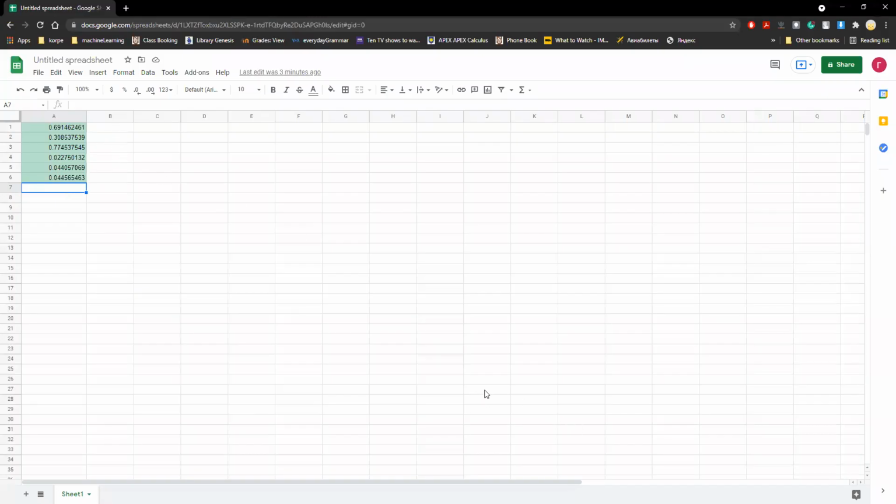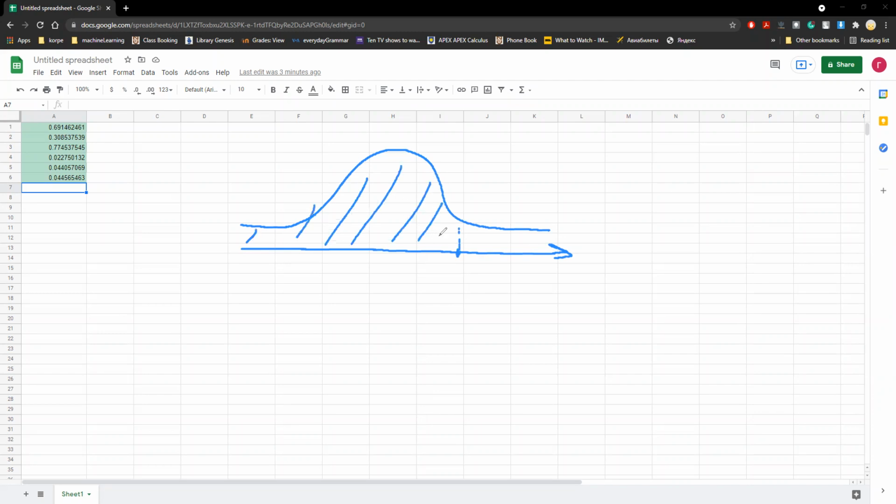So I need to find a point z that corresponds to the 75th percentile. So I need 75% lying in the left tail here. And I need to find that z-score that corresponds to such a point here, okay?